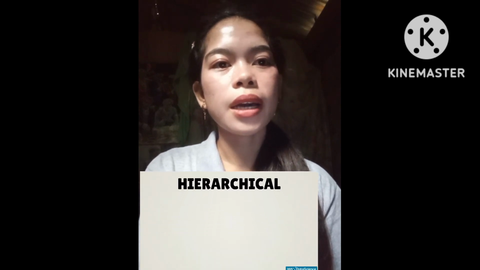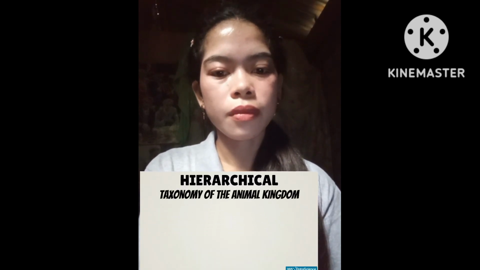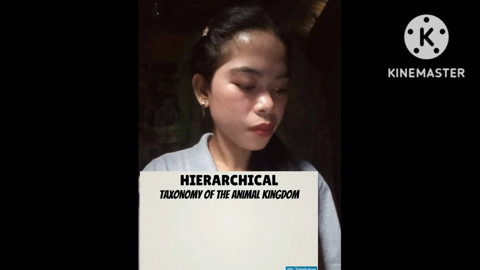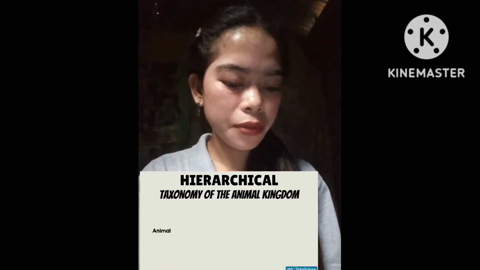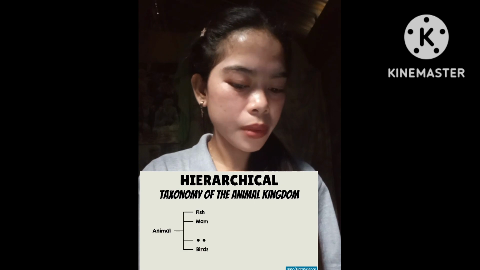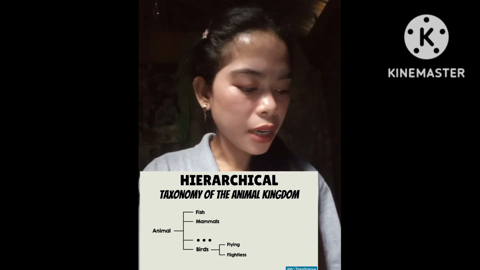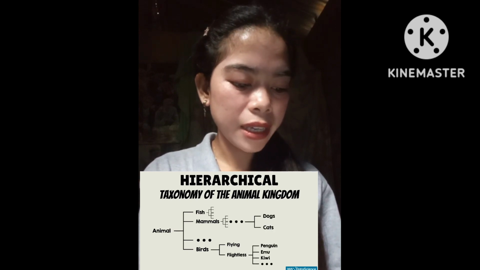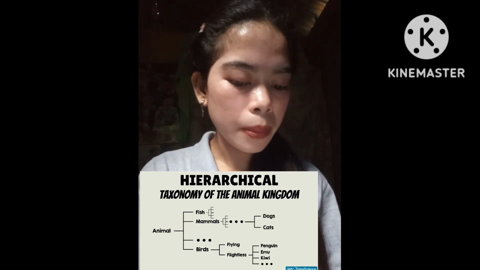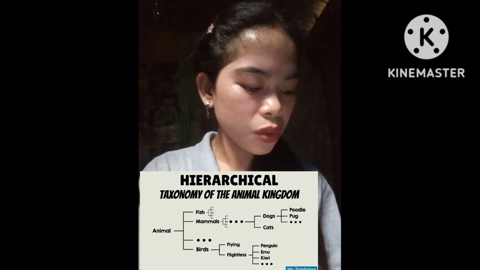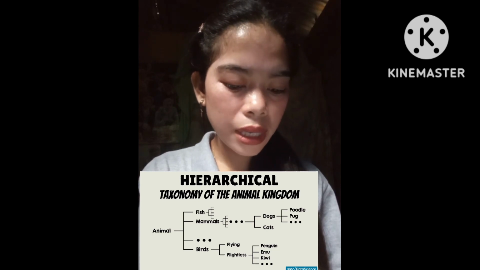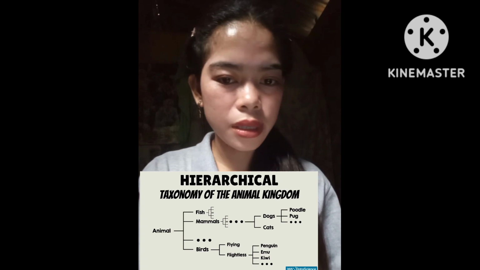So, this is another example of hierarchical taxonomy of the animal kingdom. The animal subclusters are fish, mammals, and birds, for instance, and birds can be split into those which can fly and those that can't, until we reach dogs and cats, and then dogs and cats into different breeds.